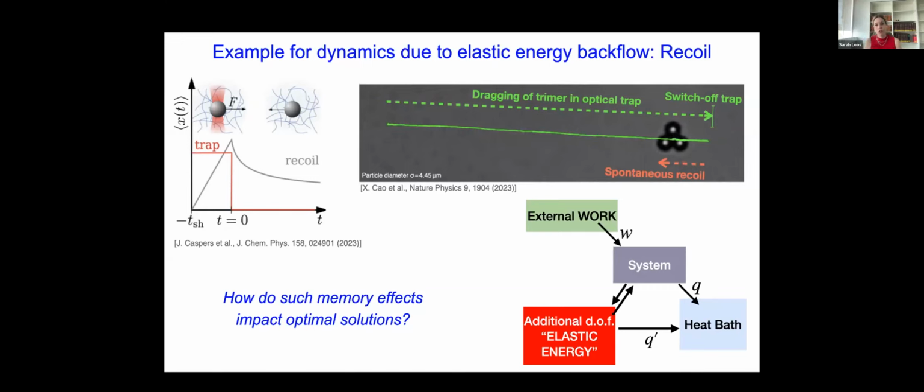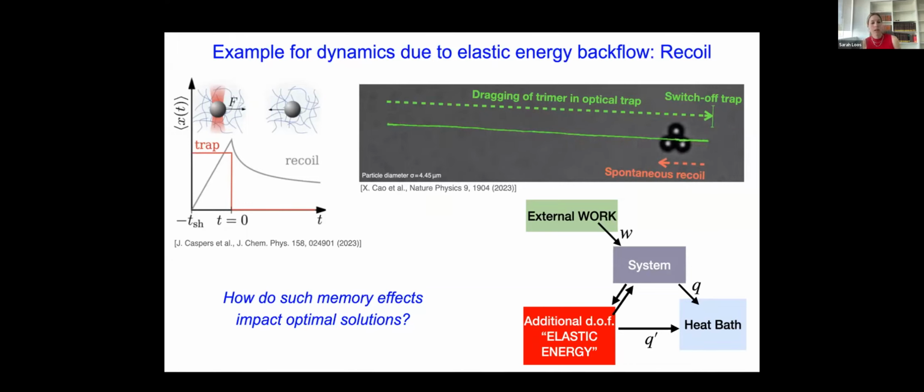If you had a particle with inertia, you would continue a little bit in the direction of dragging. But instead, if you now have a particle in the presence of such a viscoelastic fluid, what happens is that the particle is actually moving back in the opposite direction to the dragging. And that is called the recoil. And this is just a simple example to show that this energy flow is transferred back to the system, at least partially.